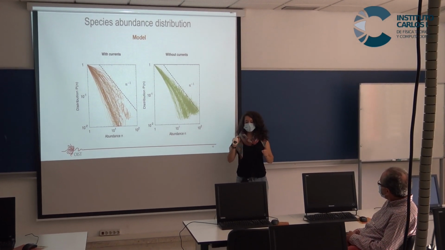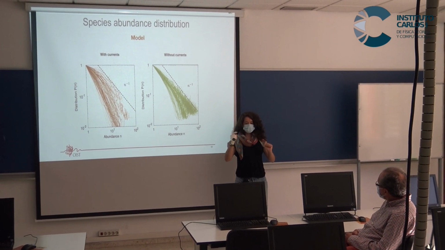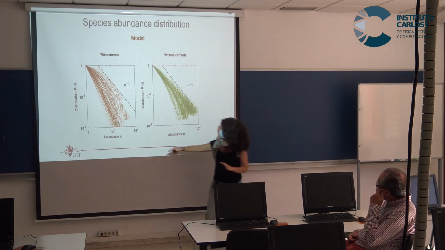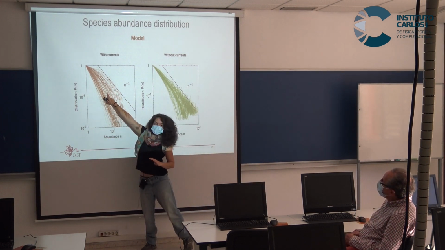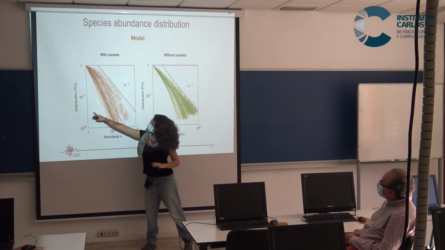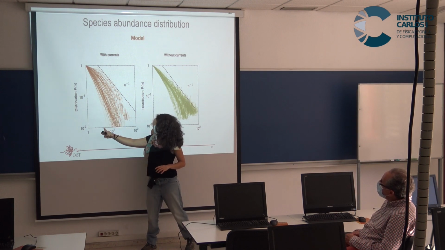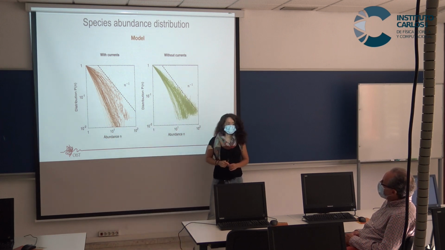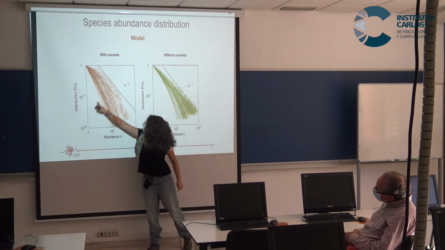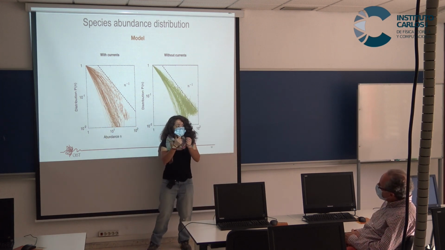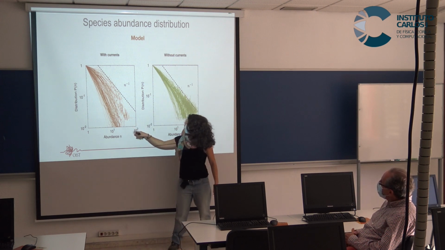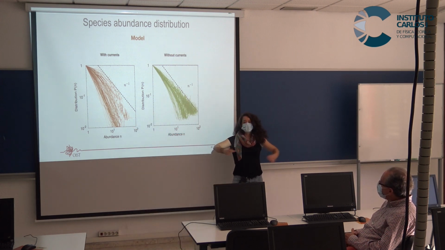So I count: how many species have 5 individuals? 1, 2, 3, 4. 4 species have 5 individuals, and so on. So there are many species which have 1 or 2 individuals, and the very big abundances are just for 1 or 2 species, for example.